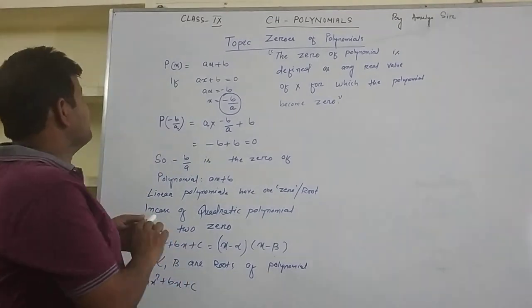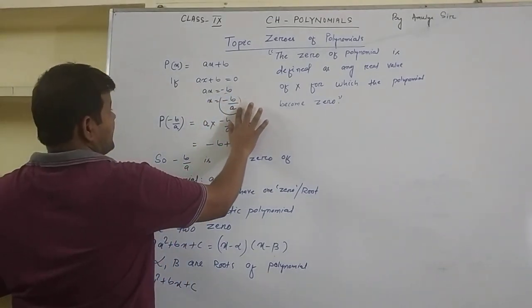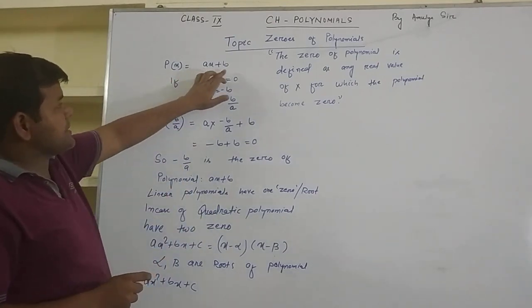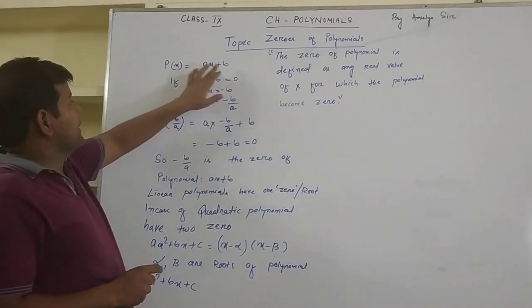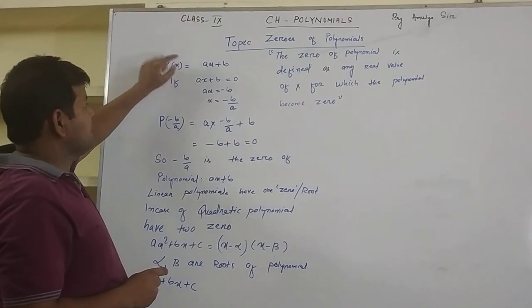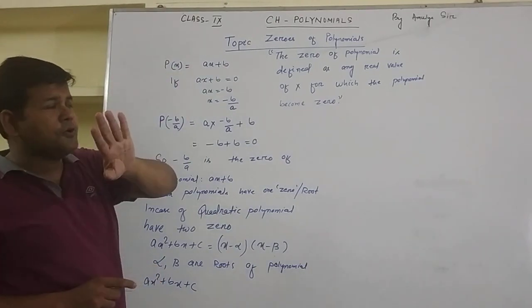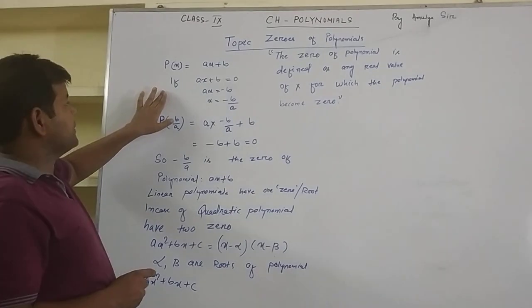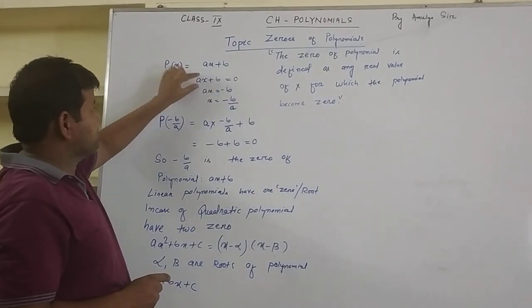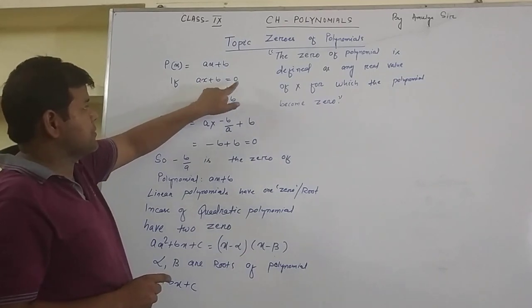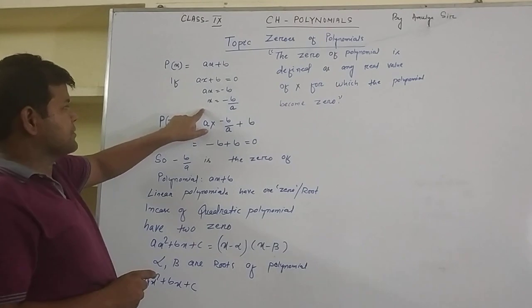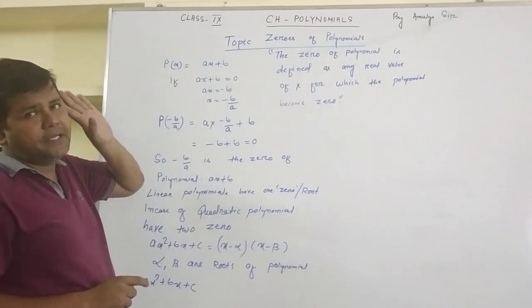See one example. Take a linear polynomial, ax plus b, which is p of x, where x is the variable and a and b are constants. If we set ax plus b equal to 0, then ax equals minus b and x equals minus b by a.